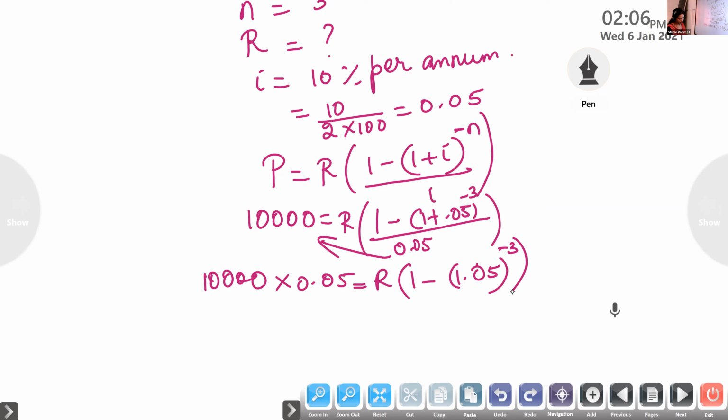So 500 is equal to R into 1 minus 1.05 whole raised to minus 3, which I am taking as X. So let us calculate what X is. X is 1.05 whole raised to minus 3.